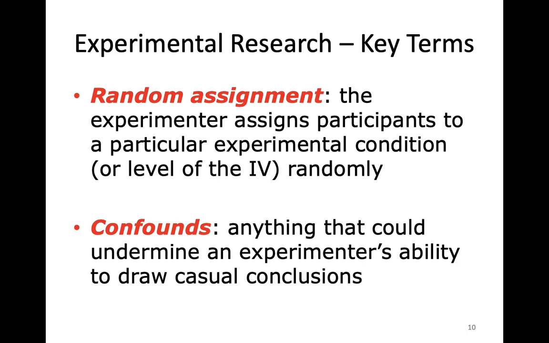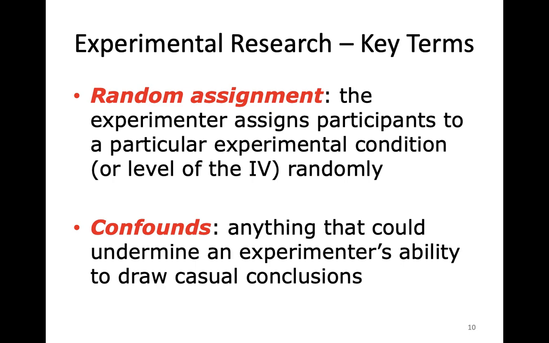Okay, I've already touched on the importance of random assignment for experiments. This is when the experimenter randomly assigns participants to a particular experimental condition. Experimental conditions, another way of referring to this, is the level of the independent variable. So in our very simple example, we just have two levels of an independent variable, either the experimental condition or the control condition.